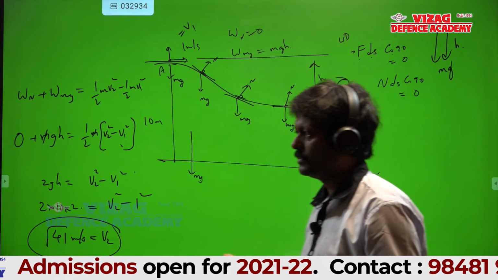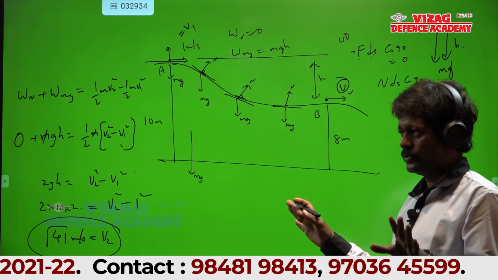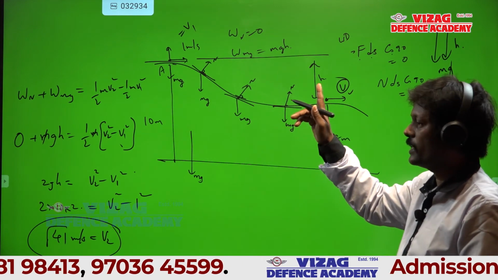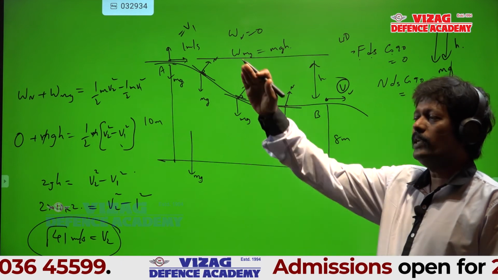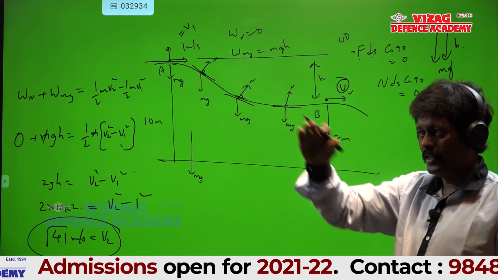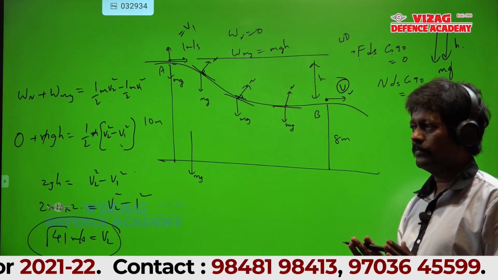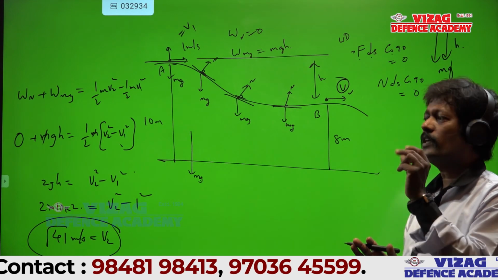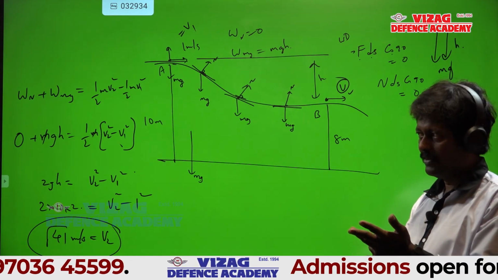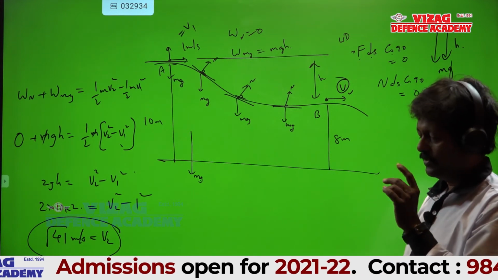So, no frictional force. How many forces are acting on the body while the body is sliding on the surface? Two forces. What are they? Gravitational force and normal reaction. Yeah, very good.